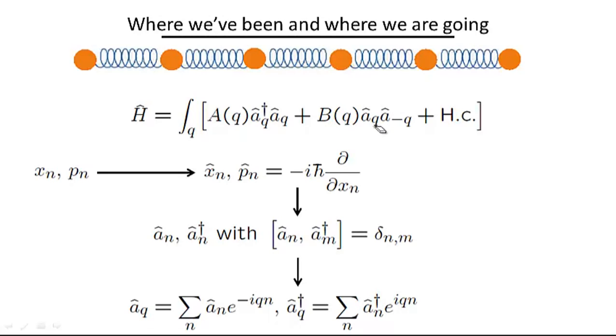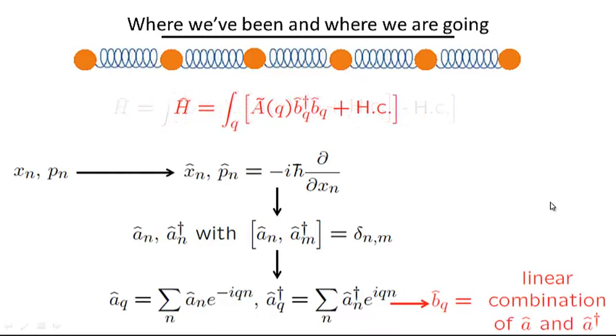A way to solve the problem is to construct a new set of creation and annihilation operators. Here I have an operator B, which is an annihilation operator of a new type, and there is also a B dagger of q.